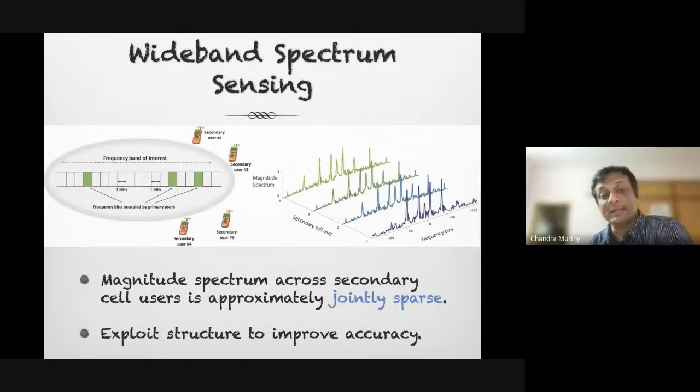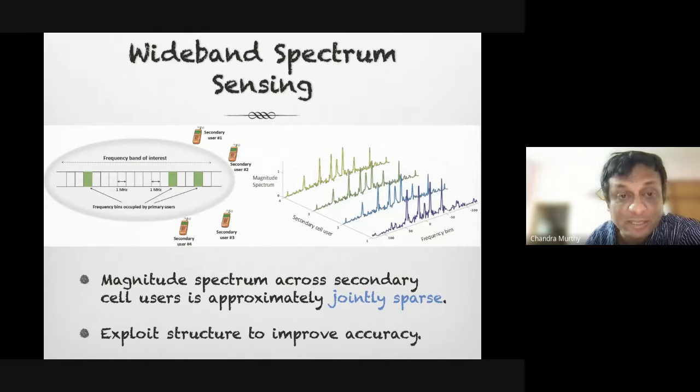So these secondary users are free to use other bands which are unoccupied by the primary. And in this case also, you can see that it's really not of great interest to figure out what is being transmitted in those occupied bands. The goal here is actually to figure out a few unoccupied bands that the secondary users can occupy and use for data transmission.